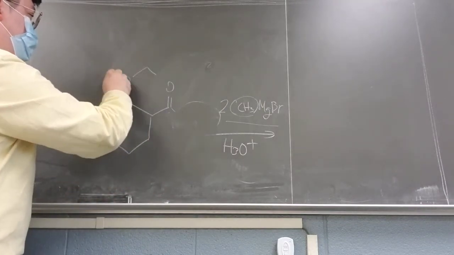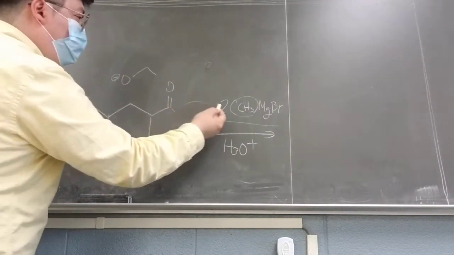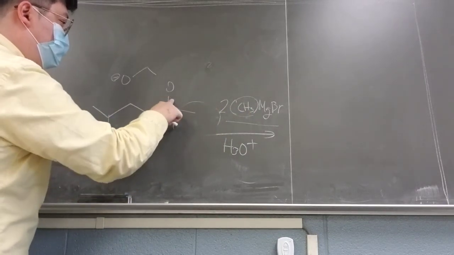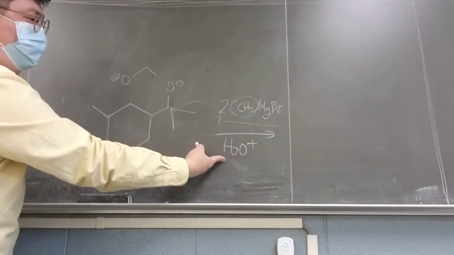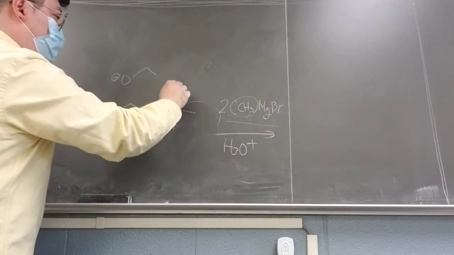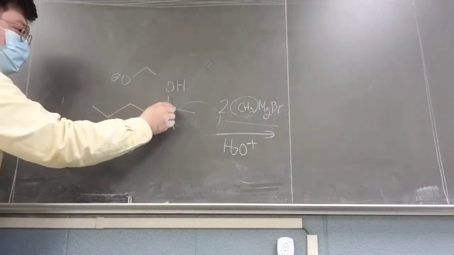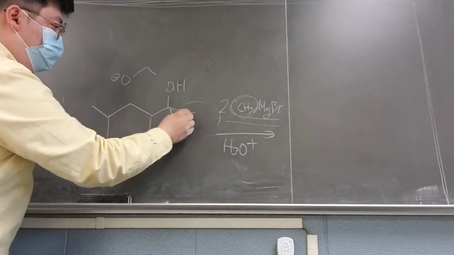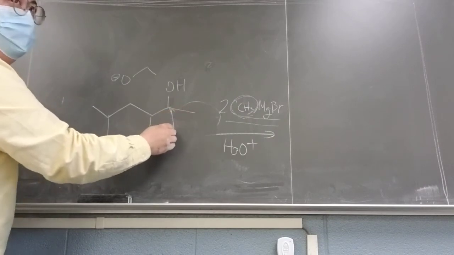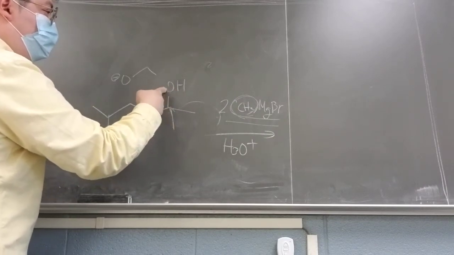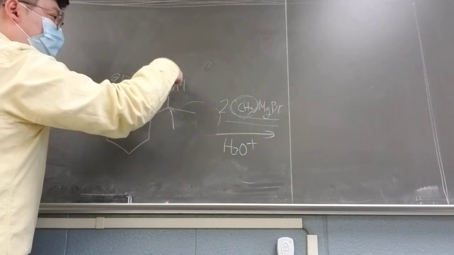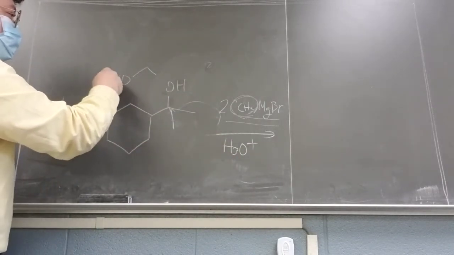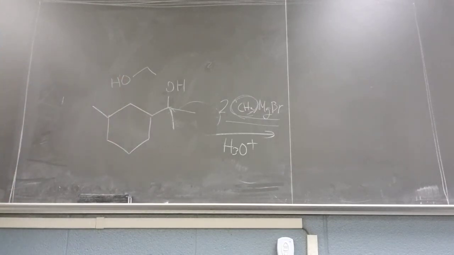So this will leave as an anion, and since there are two, we're adding two methyl groups, and it will be protonated by the acidic condition. So it looks like this. You have R groups on here, the Grignard adds twice over here, and then the oxygen in the carbonyl group will be protonated by the acidic conditions, and this will also become ethanol at the acidic condition. Okay?